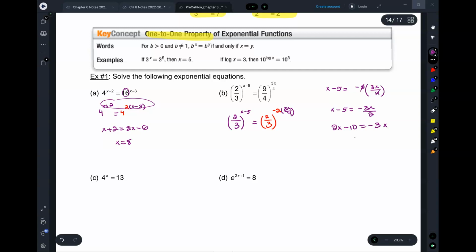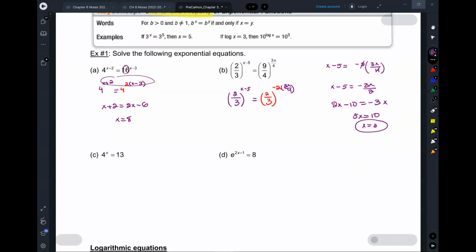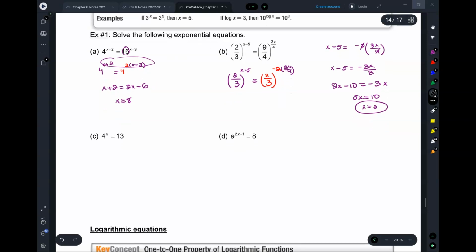And then I have 5x equals 10, x equals 2. Wait, right? To cancel the -2 and the 4. Oh, it was -2. Okay. And please, guys, if you have a question, raise your hand so I'm not interrupted.